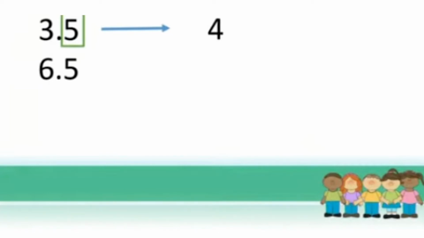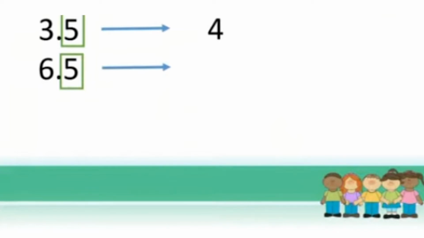The other decimal number is 6.5. If we estimate the decimal number 6.5, look at the number in the tenths place, which is 5. If the number is equal to or greater than 5, round up to the nearest whole number by adding 1.